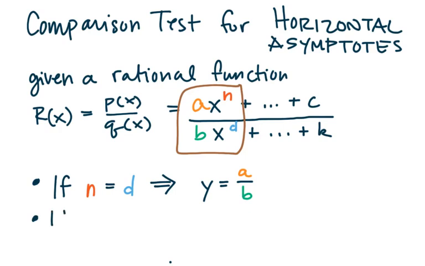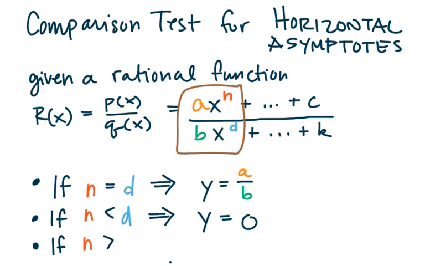So our second situation is that n, the degree in the numerator, is less than d, the degree in the denominator. And when that occurs, we are always going to end up with a horizontal asymptote of y equals 0. And the third and final situation is that n, the degree in the numerator, is greater than d, the degree in the denominator.